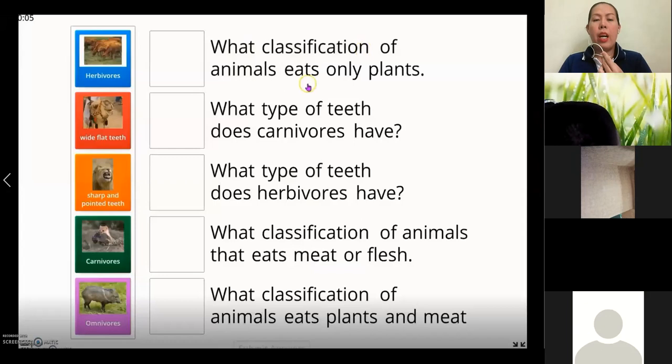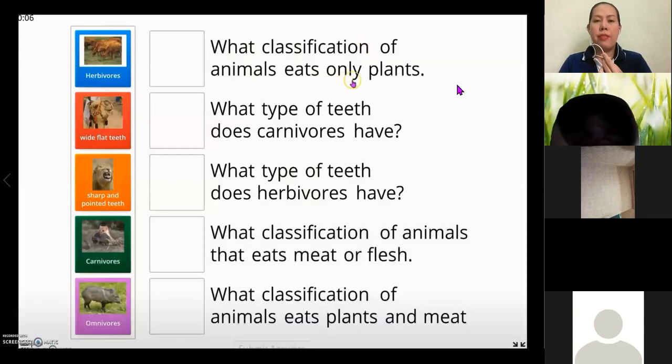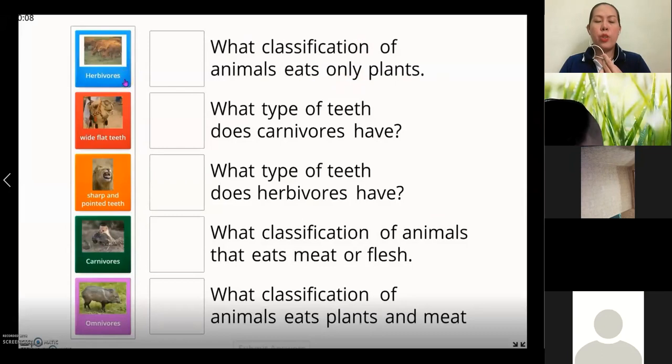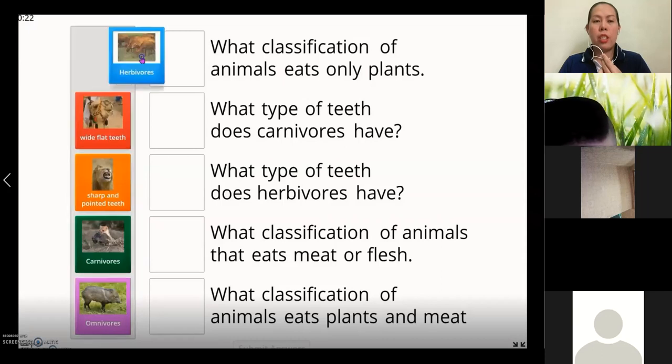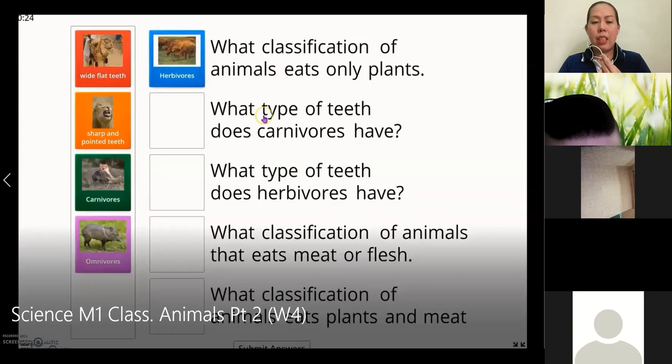Number 1, what classification of animals eats only plants? Herbivores. Okay, are you sure? Okay, the next one, let's have Chanapat.